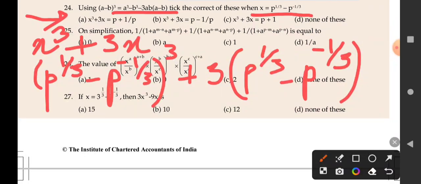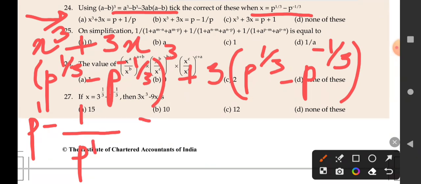Expand this first term. We have p raised to 3 divided by 3 is p raised to 1, minus, since this is negative power, we will write it in the denominator, 1 divided by p raised to 1 by 3 into 3 means p raised to 1.